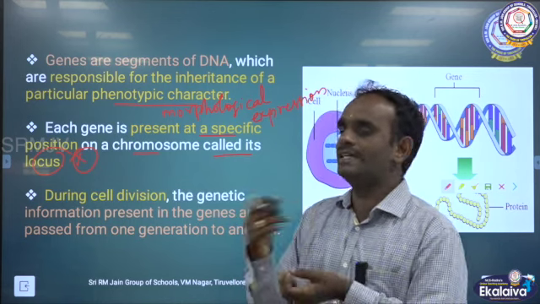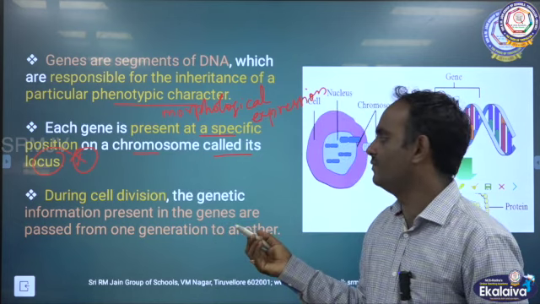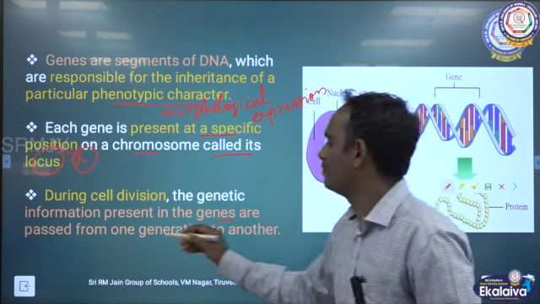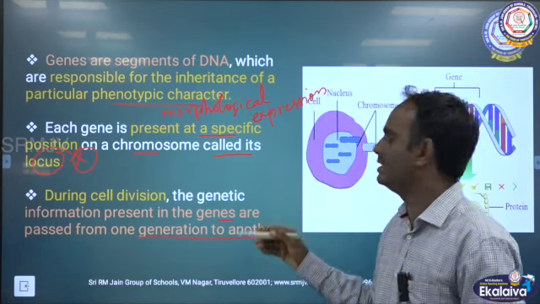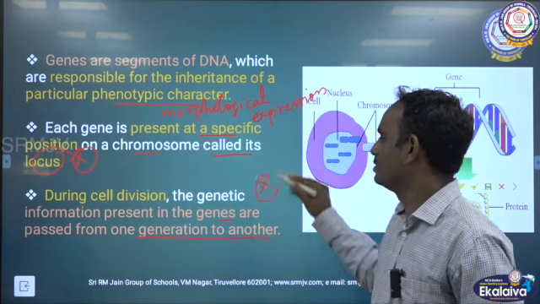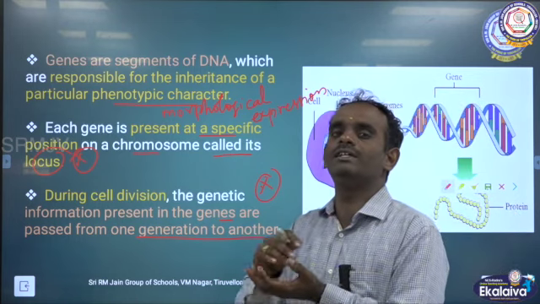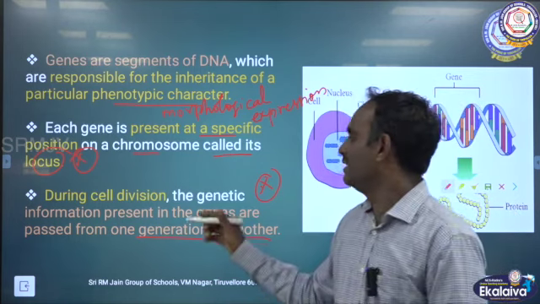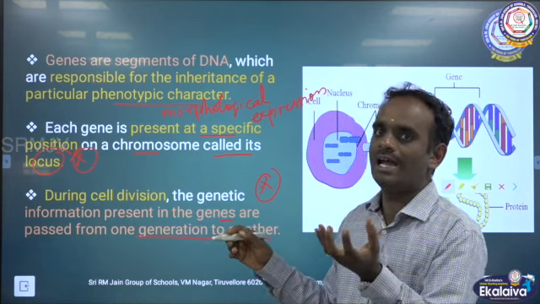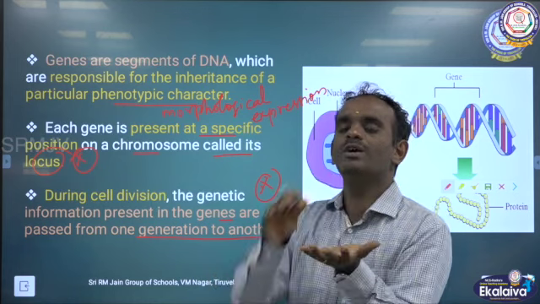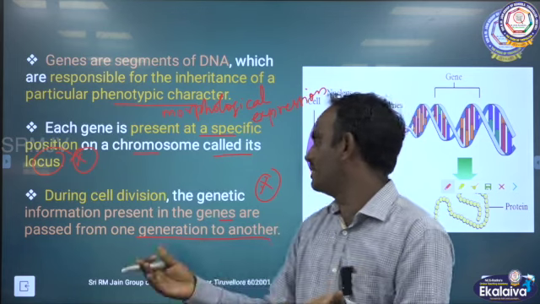During cell division, the genetic information present in the genes is passed, transmitted from one generation to another generation. Very, very important.